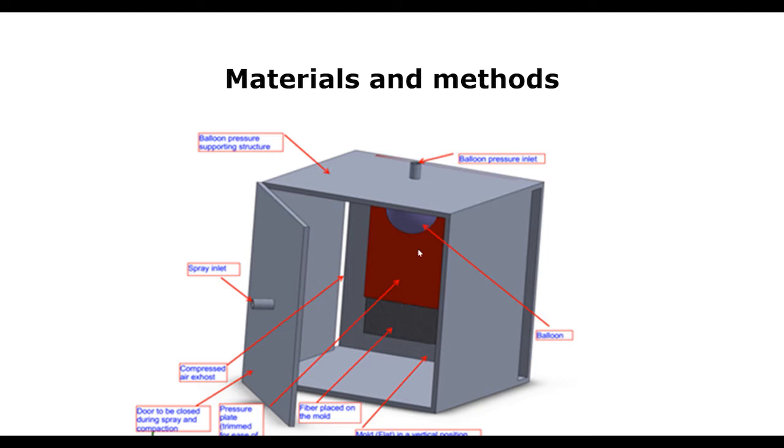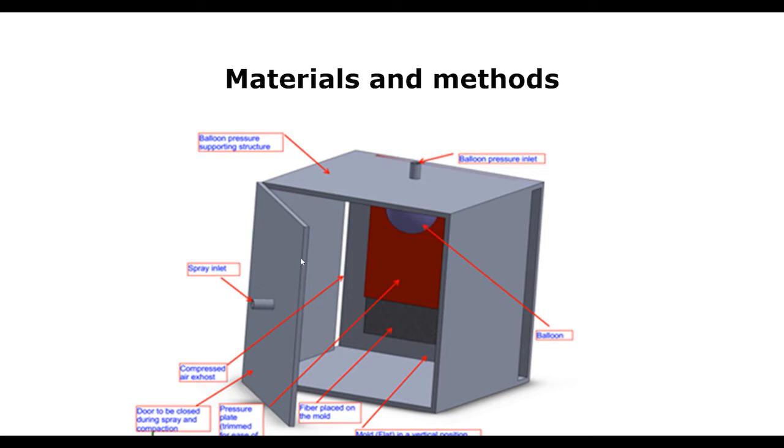This plate moves in and out, so it can be moved out on this side and entered through this one. So first, the fiber will be laid against this vertical wall or mold, and we're going to spray the resin by fixing the nozzle tip here.